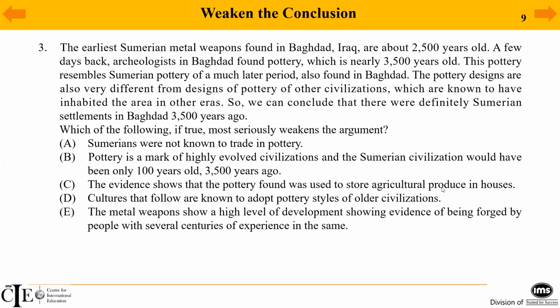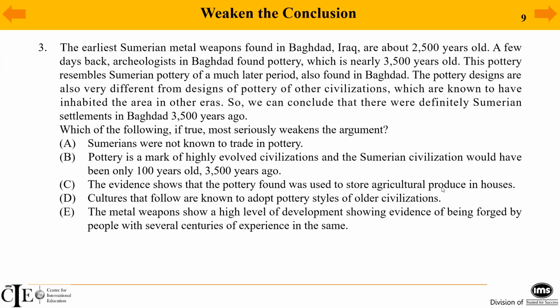A few days back, archaeologists in Baghdad found pottery, which is nearly 3500 years old. Okay. So this pottery resembles Sumerian pottery of a much later period. So that means after so many years, after 3500 years, Sumerian pottery came into existence, which is also found in Baghdad.